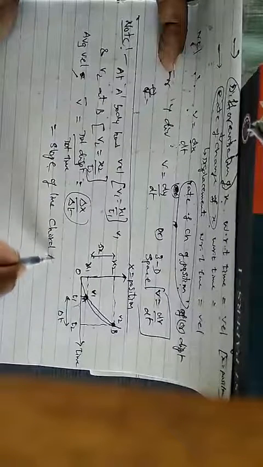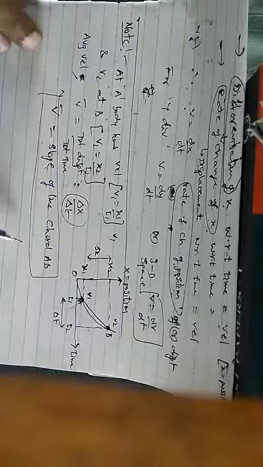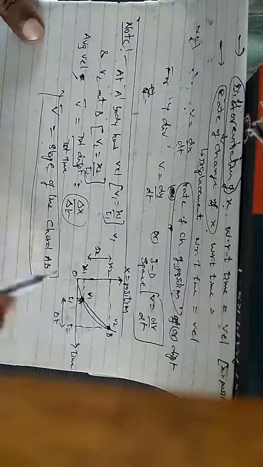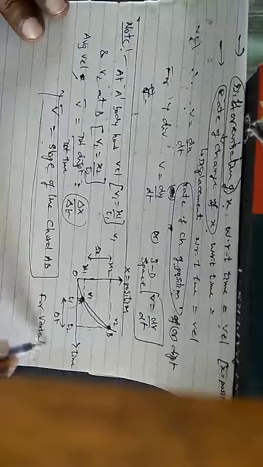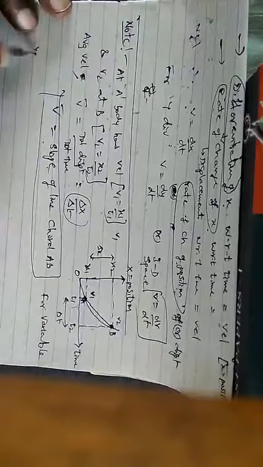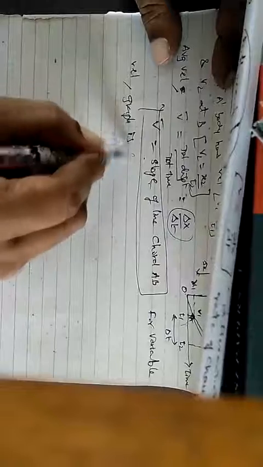We say it is a chord, chord AB. This is a chord because it is a curve here. The slope of the chord gives this. So you have to remember, if velocity is variable, the graph is a curve. For variable velocity, graph is a curve.